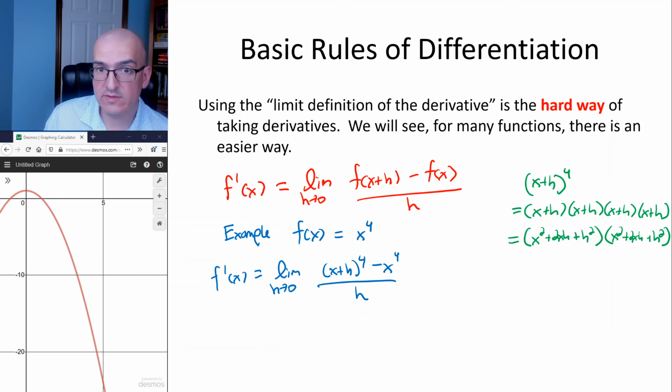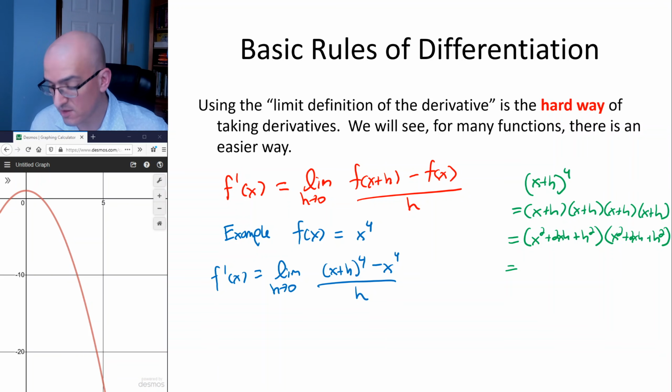And now I have to FOIL those. It's a little bit worse than a FOIL. It's first times first, and then first times second, and first times third, plus second times first, second times second, second times third, plus last times first, last times second, last times third. You got to combine every expression in the first bracket with every expression in the second bracket, exactly one time for each combination.